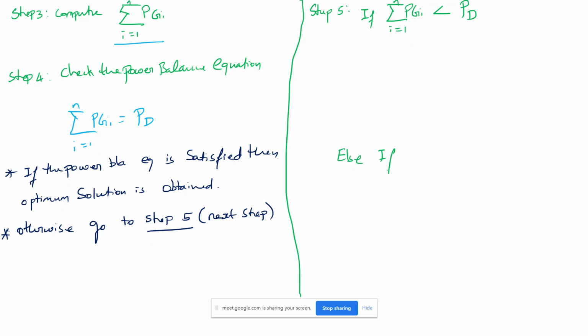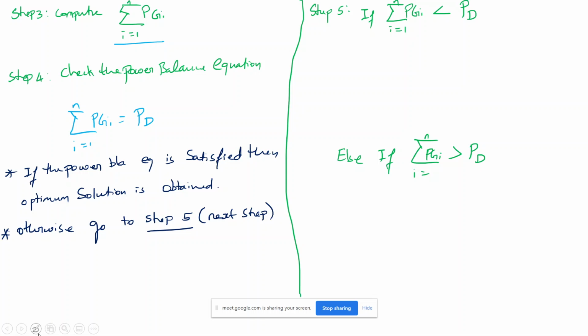else if. There will be three conditions only. One, it should be equal, or it should be less, or it should be greater: the summation of PGi is greater than PD. Only three conditions you will get at this step 4. If it is equal, we will stop at step 4 only. Otherwise, it may be less than, or greater.